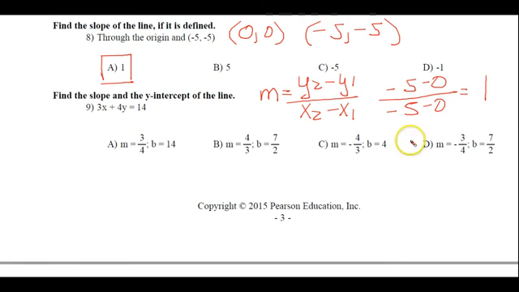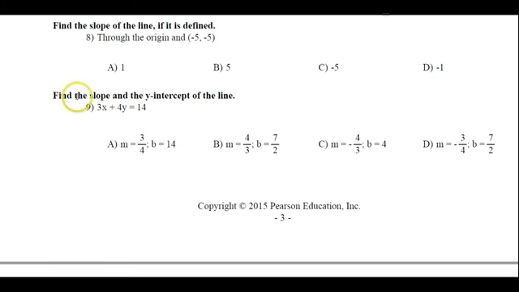Now in this next one, here we're given a formula in standard form, and they want us to find the slope and the y-intercept. Well, this is one we had in Math 1103. We want to solve for y, because by solving for y, we then put it in what is called slope-intercept form, where there is your slope and there is your y-intercept.